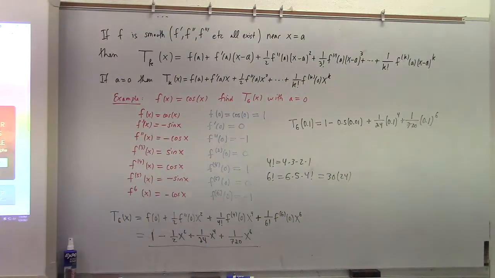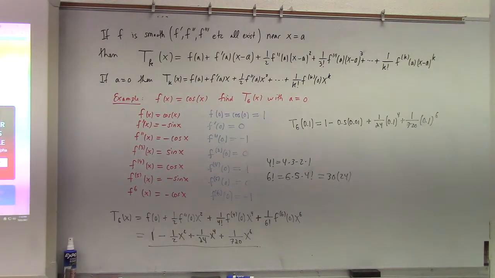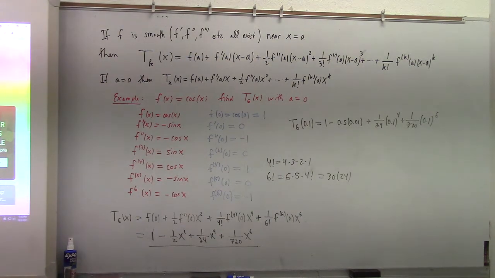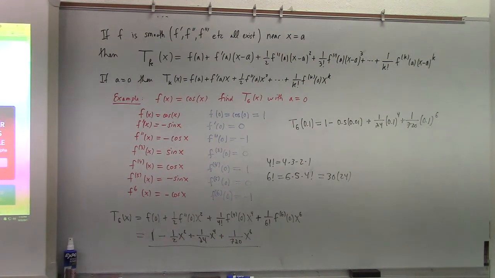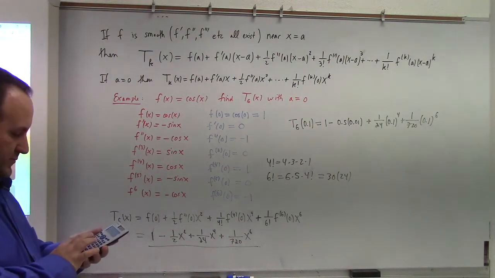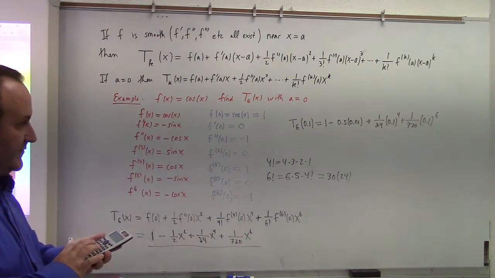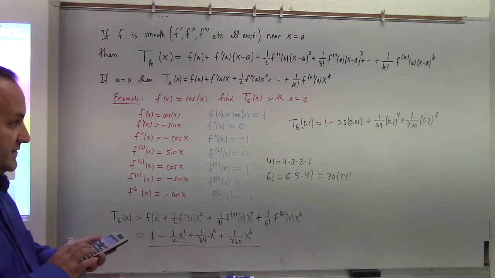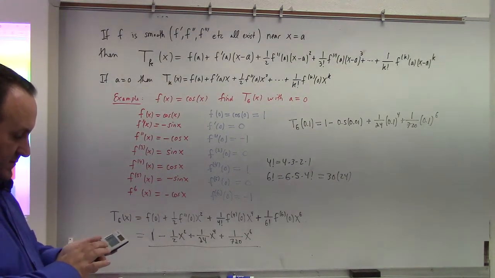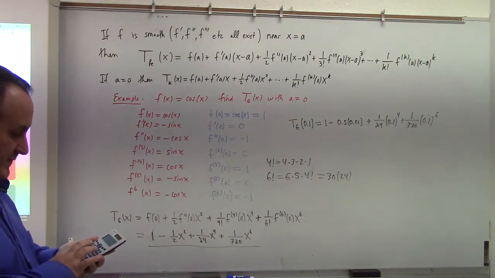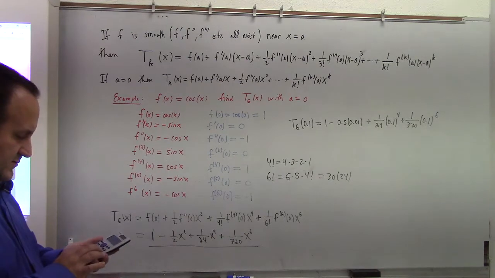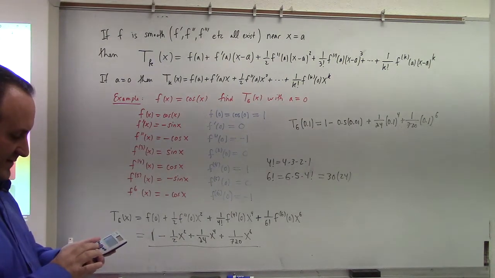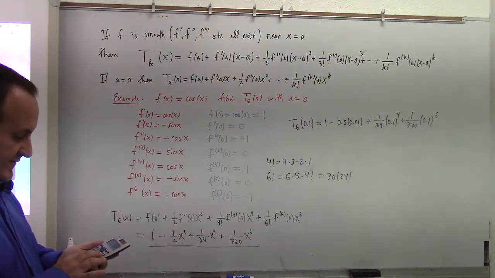if I had my calculator. So what do I got? 1 minus 0.5 times 0.01 plus 0.1 to the fourth divided by 24 minus 0.1 to the sixth divided by 720.